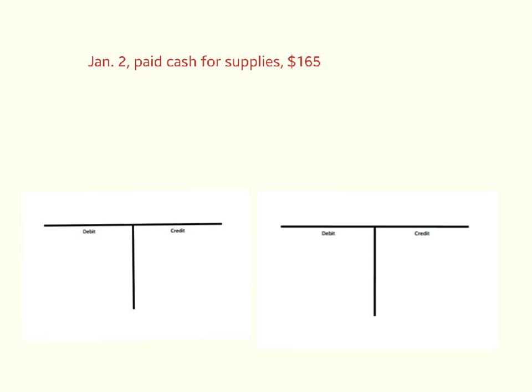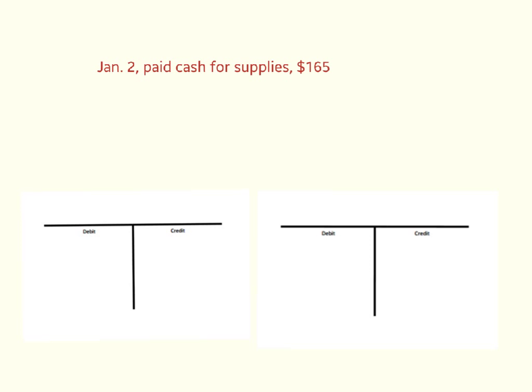Let's analyze this transaction. Okay, we're going to look at the words in the business transaction. Paid. Cash. Okay, so you know your first account affected is cash. For supplies. Your next account affected is supplies.